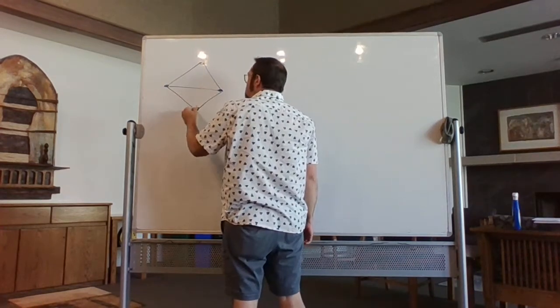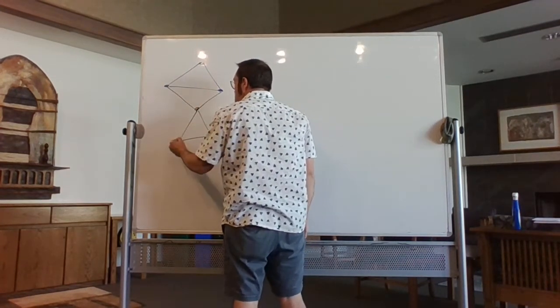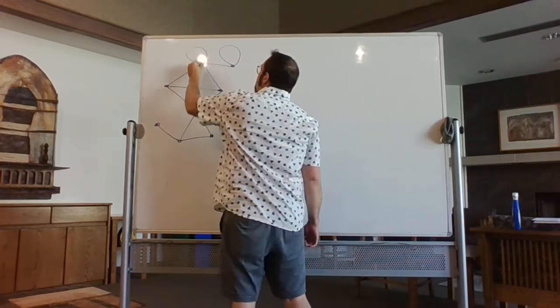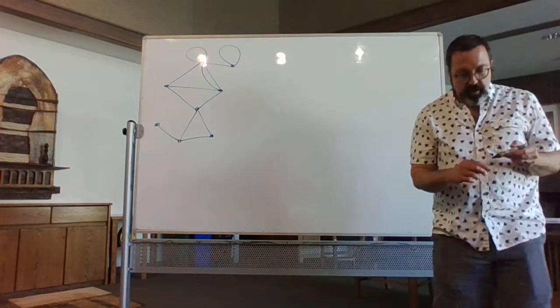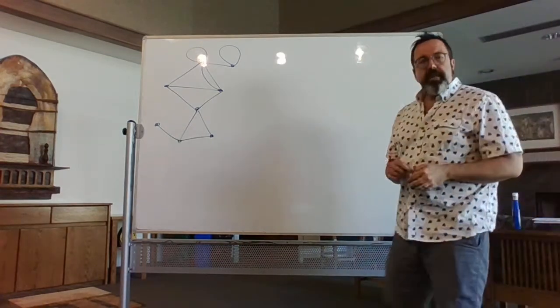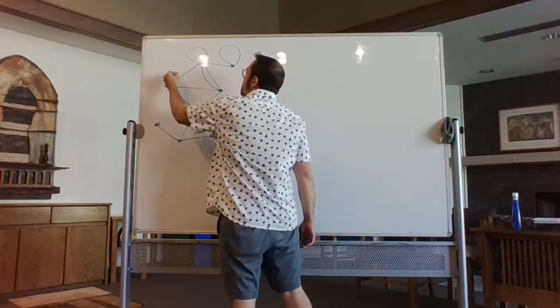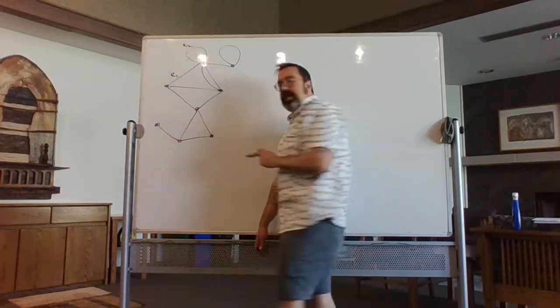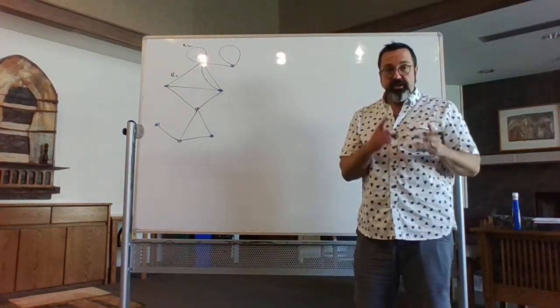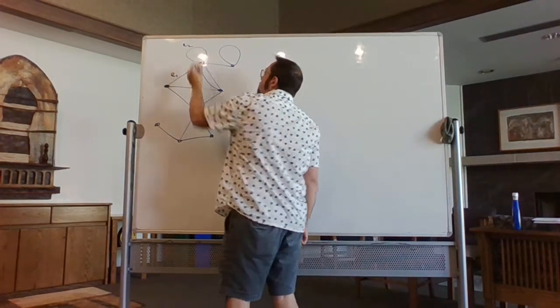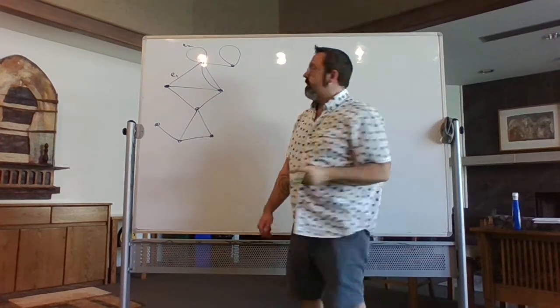What I'm going to do is just draw. There we go. Here's a graph here. Notice that no matter what we're looking at, whether it is an ordinary edge like E1 here or a self-loop like E2, every edge in the graph contributes two ends to the graph.